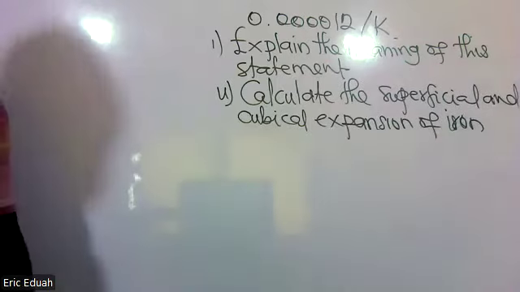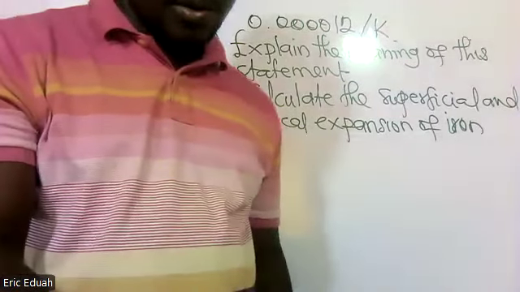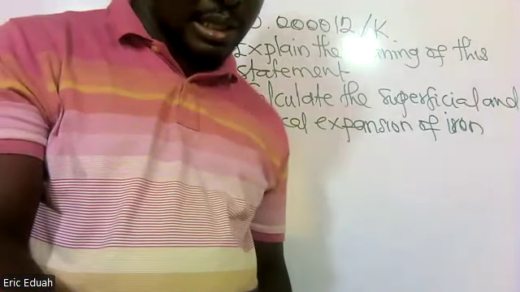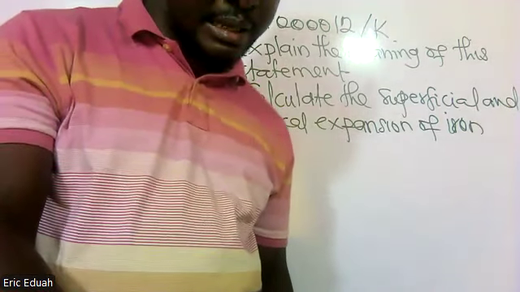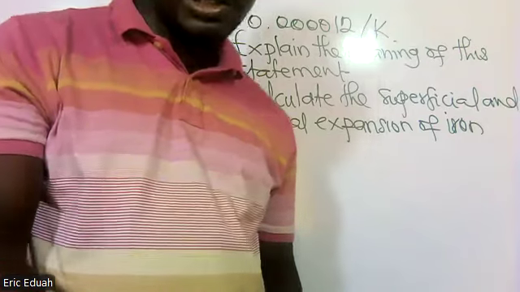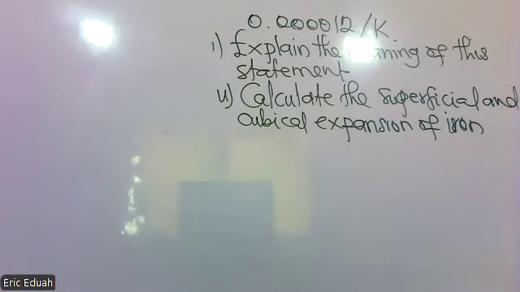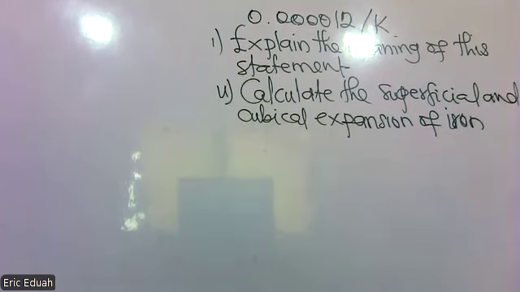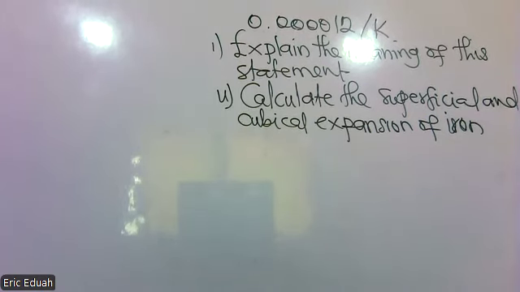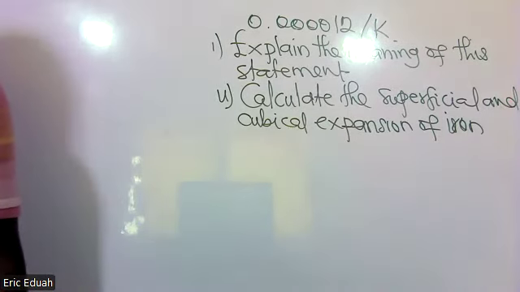Okay, let's also hear from one of the gentlemen. Festus, what do you think? What does the statement mean? So for every 1 meter of the iron, the change in length per unit Kelvin rise in temperature of the iron is 0.00012 per Kelvin.